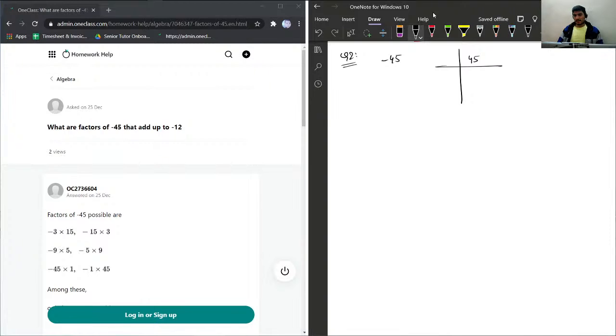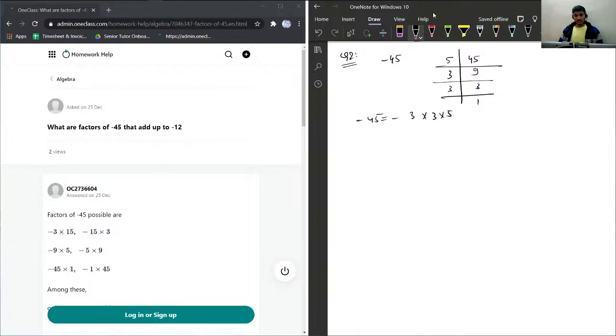So this will become 5 times 9. Then 9 is 3 times 3. So I can write negative 45 as negative of 3 into 3 into 5. Now I'll split this term.